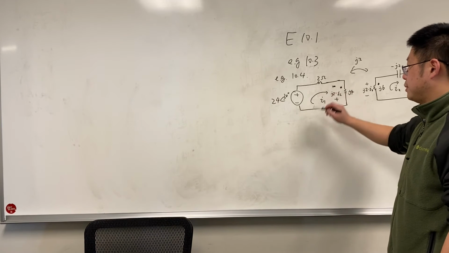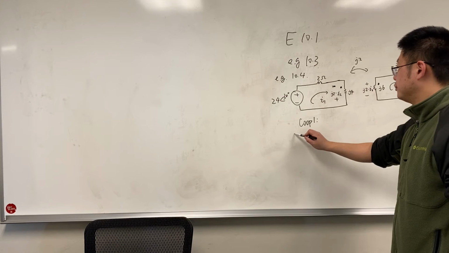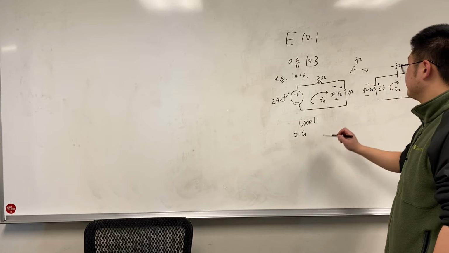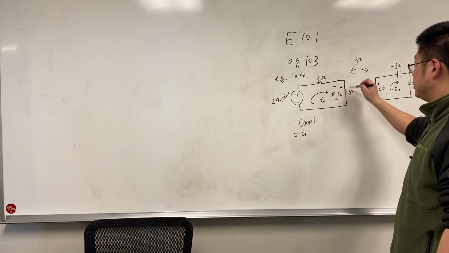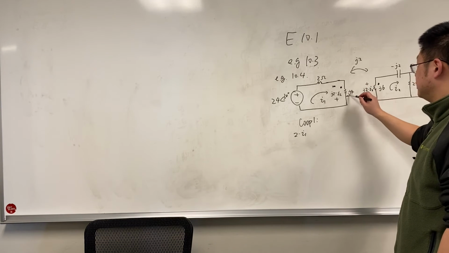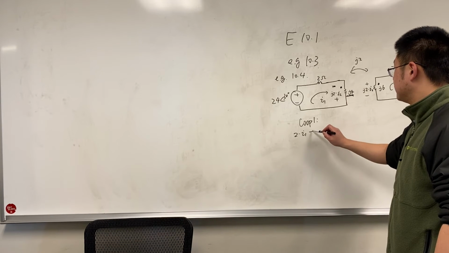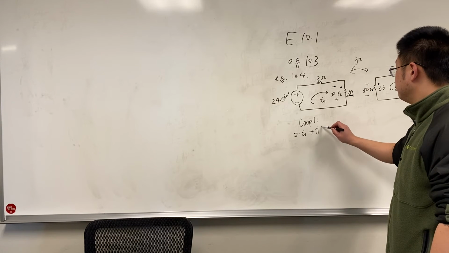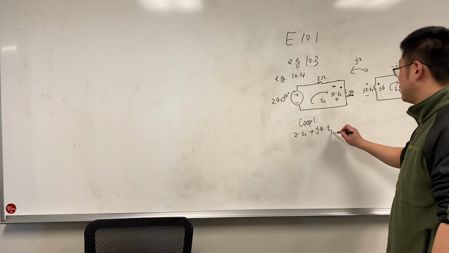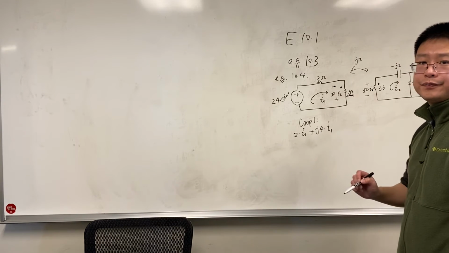So for example, for loop 1, this is 2 ohm times I1. And the current is also entering this inductor, the self-inductance is j4, so plus j4 times I1. Be careful that this I1 is a phasor.